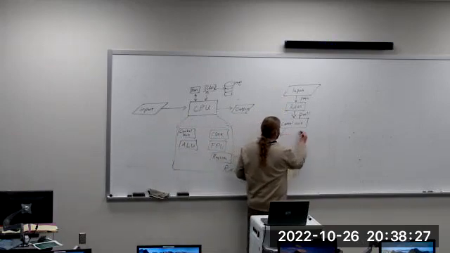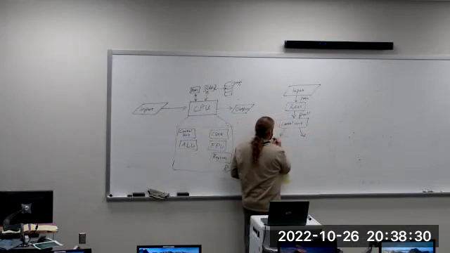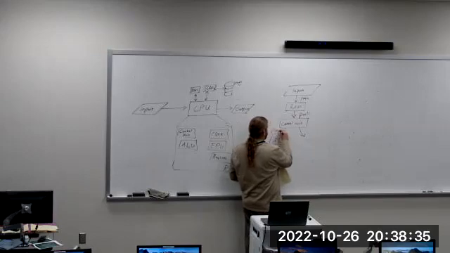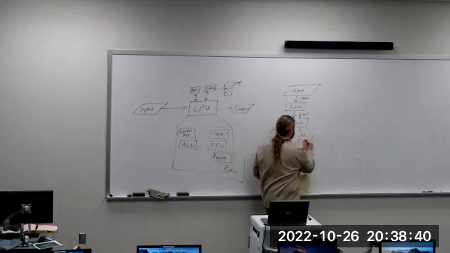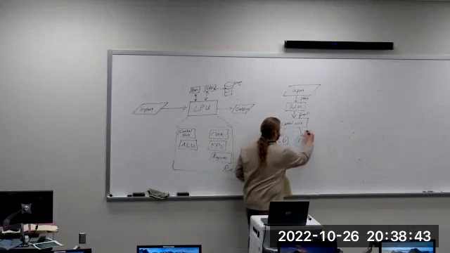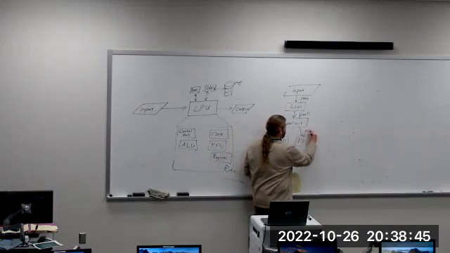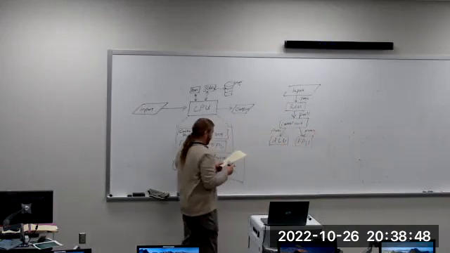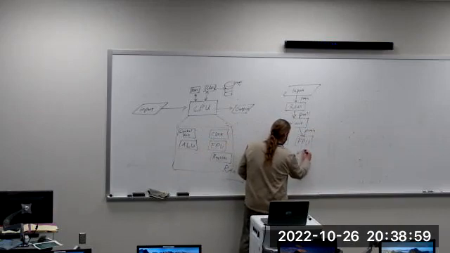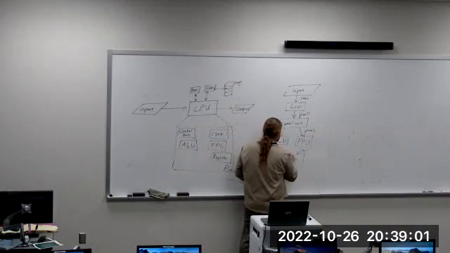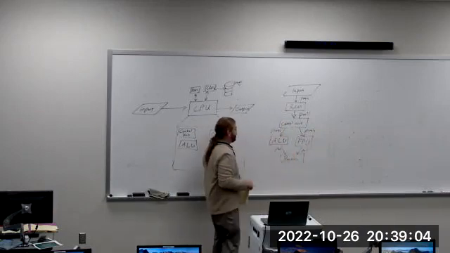The control unit, which is an active piece, then moves on to some passive pieces. It will push things onto the ALU or the FPU, whichever one it needs. Yeah, push. And the registers pull things from there.